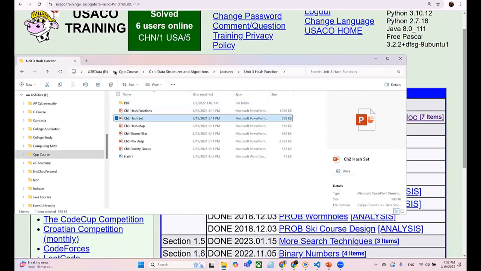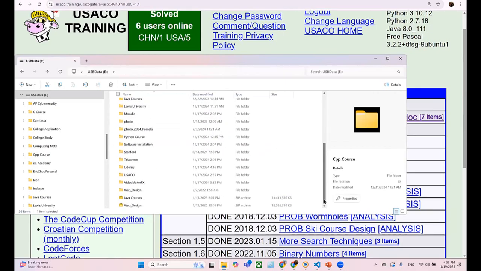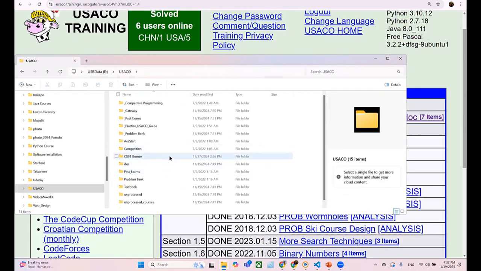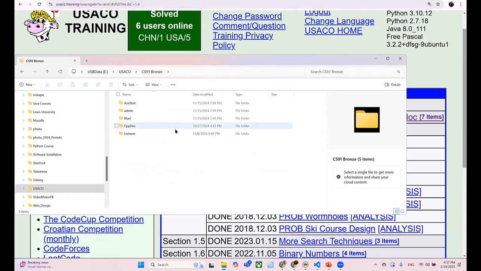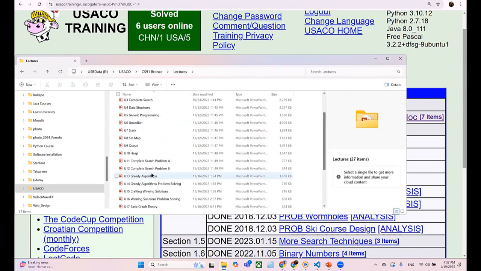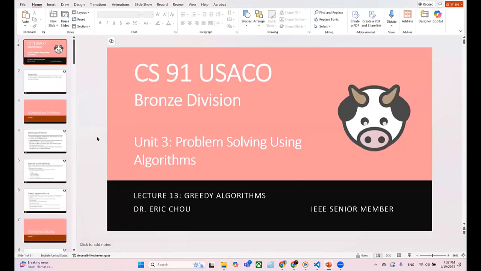Let me find my slides. So let's look at the greedy algorithm.